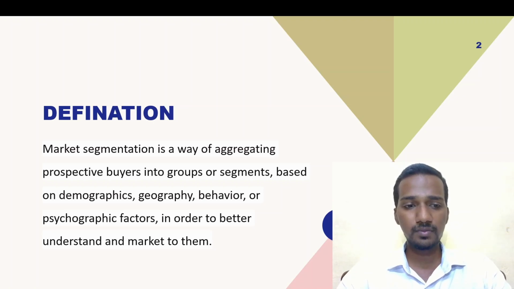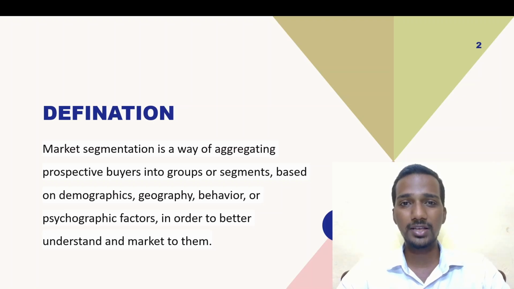For example, demographic factors like age, income, education, occupation. And geography is the area of people, certain people living in different countries, different states, etc. So each has its own characteristics, so they are divided into these.